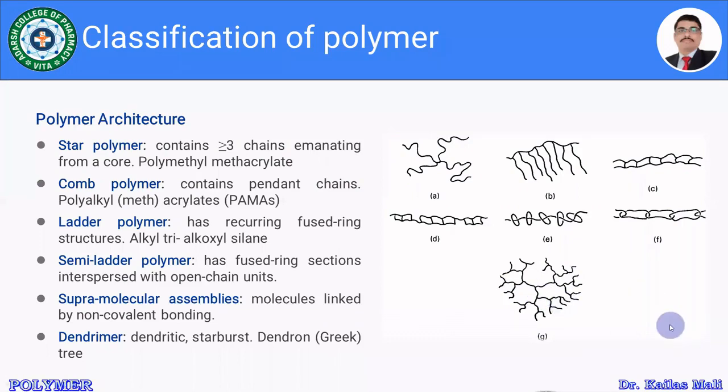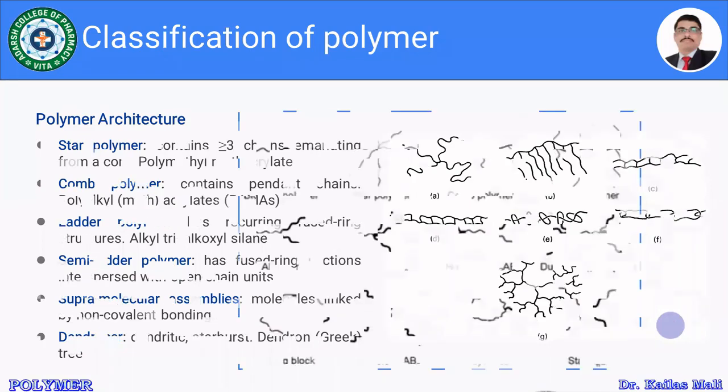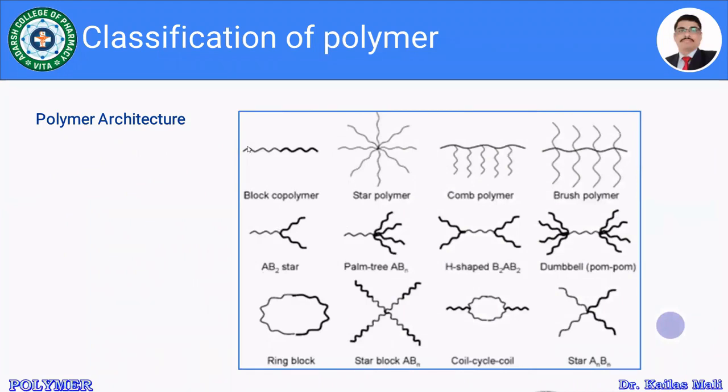Let us see some other architectures of polymers. These are a few more architectures. This is a block polymer, a linear chain. This is a star polymer, which looks like a star. The comb polymer looks like a comb.